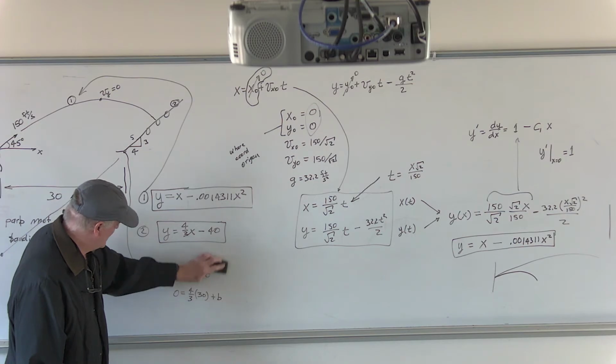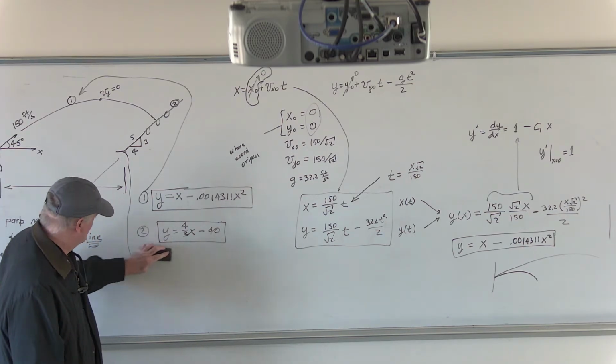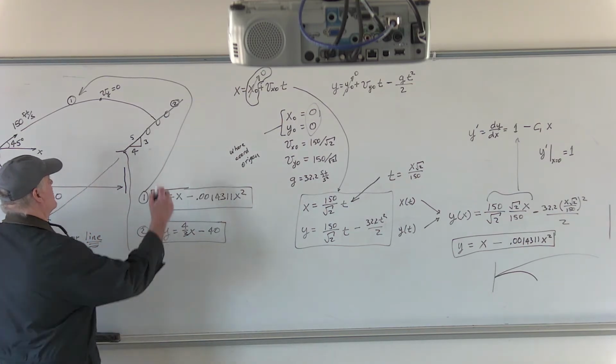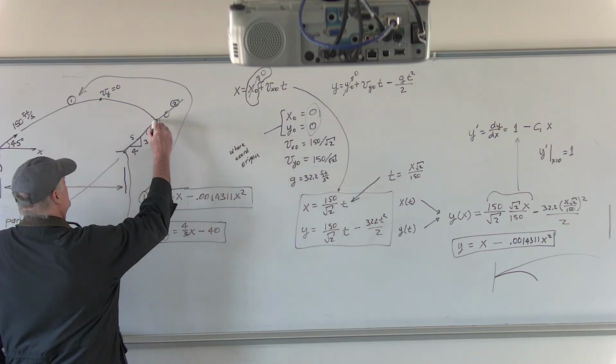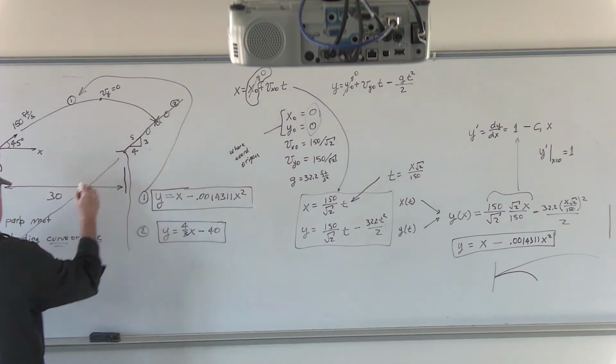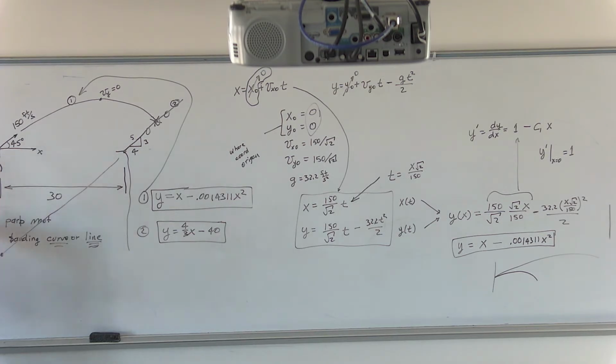Then you just say, well, I want to find where they cross. Here's one crossing spot. The other crossing spot is back here. It'll come out of the equation, but you don't care about it. So this is where this line crosses with that.